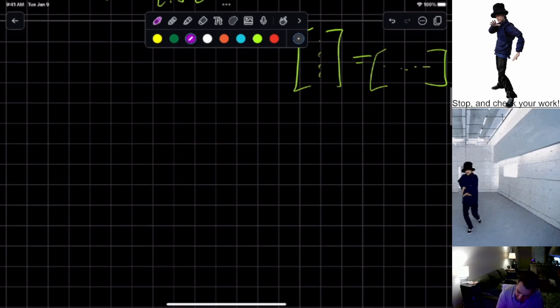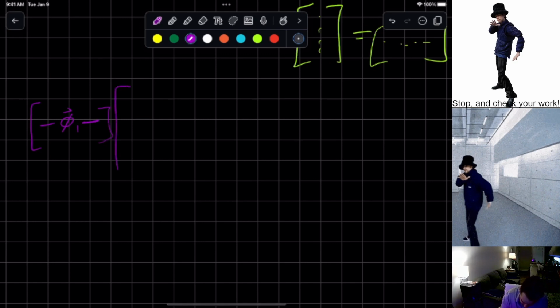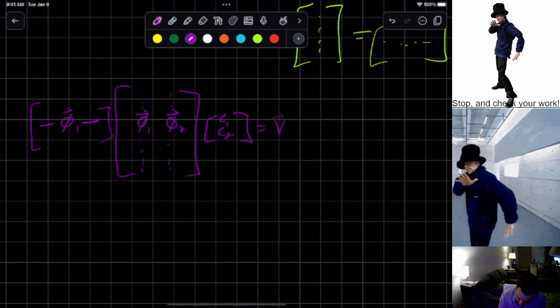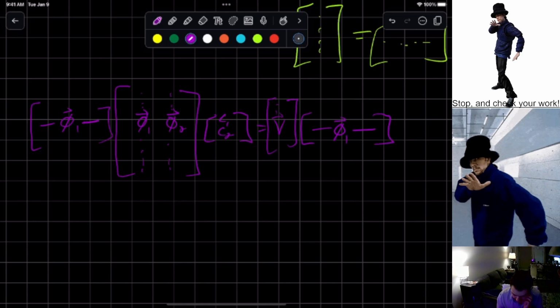So where does that get us? Now we have this theta 1 vector times theta 1, theta 2 all over or multiplied by the V vector, which is still horizontal, times this long vector here.